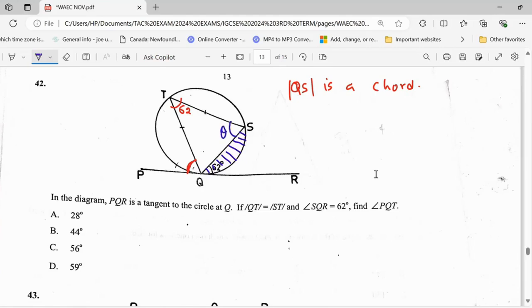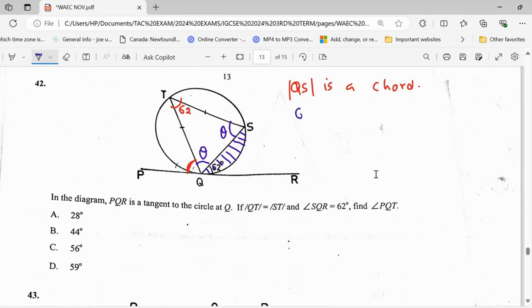These angles here are called the base angles of an isosceles triangle. They are equal. Now, we can add that these three angles here will add up to 180 degrees because the sum of the angles in a triangle is 180 degrees.